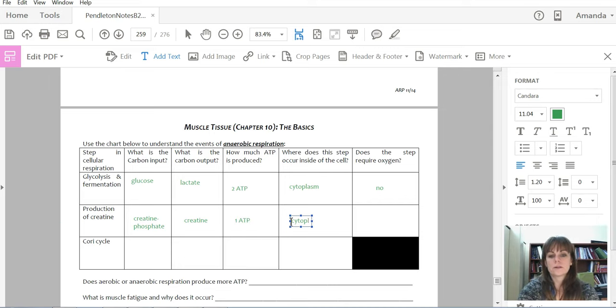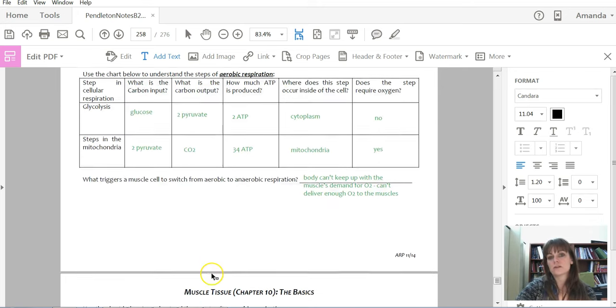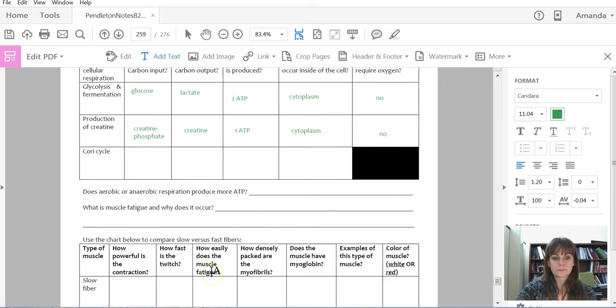This also occurs in the cytoplasm, and it does not require oxygen. So wow, without oxygen we get much less ATP. So this asks you, does aerobic or anaerobic respiration produce more ATP? I'll let you look at the numbers in these two charts and you decide.